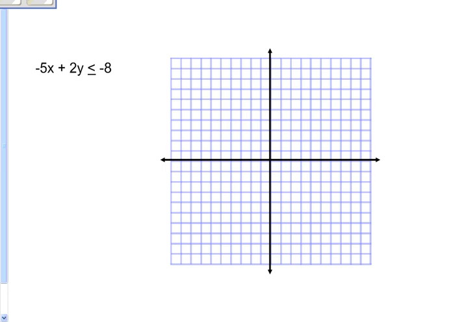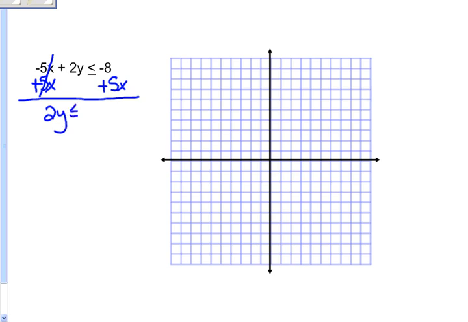Last, we're going to take a look at something where it's a little bit more complicated to get y by itself. First off, we want to start off by getting rid of the negative 5x. So we're going to add 5x to both sides. Those cancel, and we're left with 2y is less than or equal to.